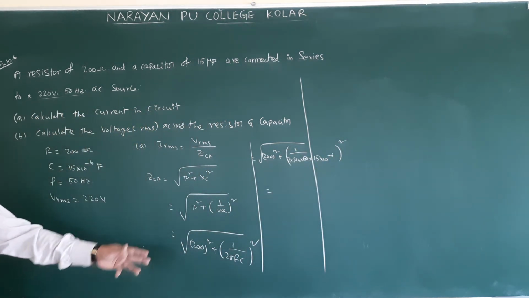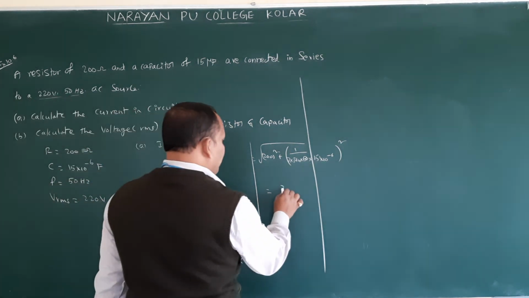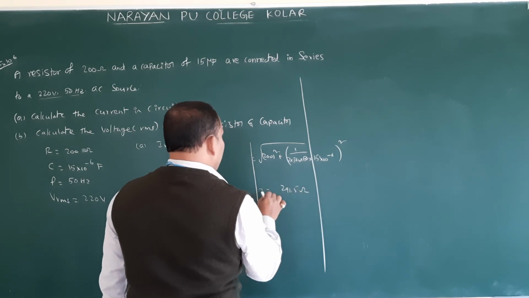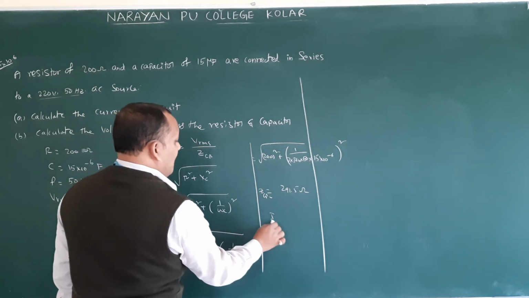Calculate this using a calculator and you will get Z, almost 291.5. This is ZCR.